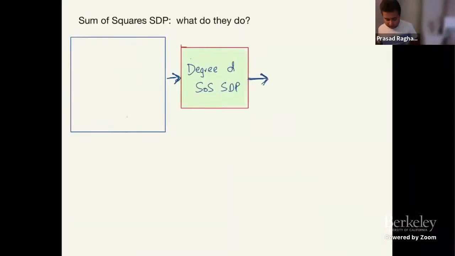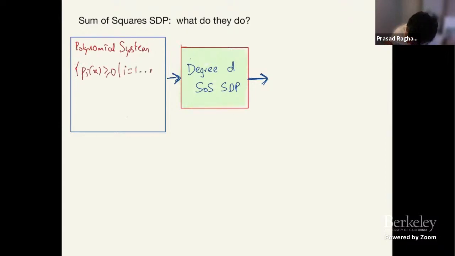Okay, so let's see. What is a sum of squares SDP? What do they do? Well, if you take a degree D sum of squares relaxation, it takes as input a polynomial system. So it's a bunch of inequalities, p_i(x) greater than or equal to 0 for i equal to 1 through m, in variables x_1 through x_n.